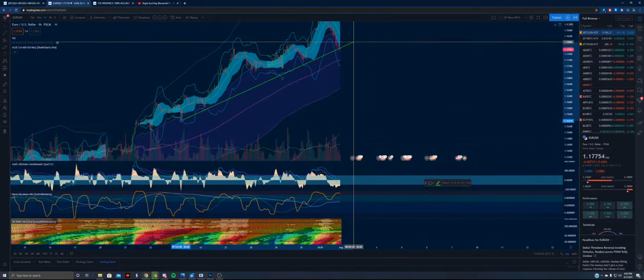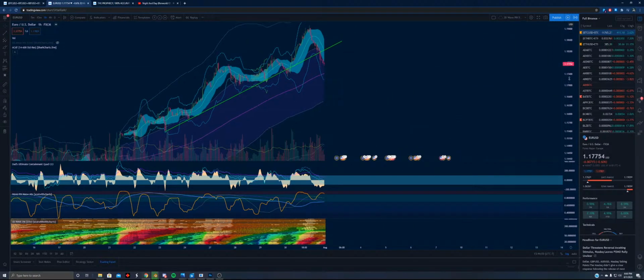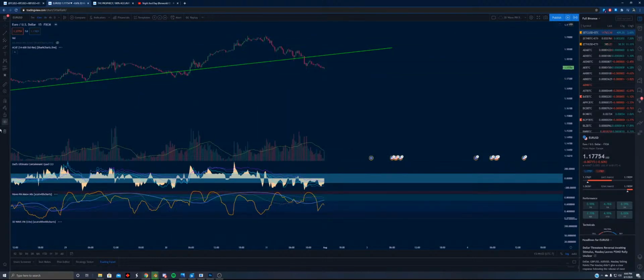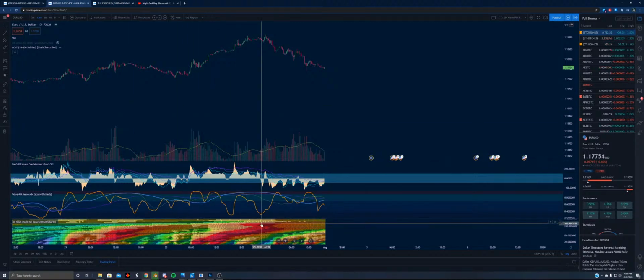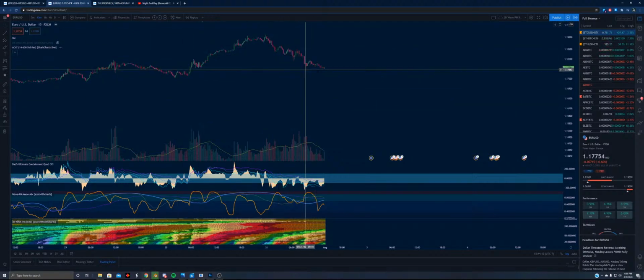Is this trend line broken? Yeah, it is. I don't really care though. What I care about is this. So I want to see whatever the swing low on this generation is, because it's possible we could have a long here.